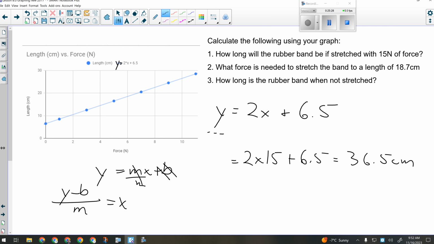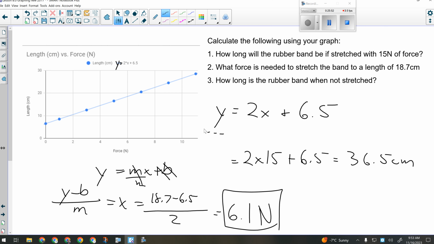Plug in my numbers: 18.7 minus 6.5 divided by 2. All right, so what do we got there? 12.2 divided by 2, so 6.1. Is that right? Yeah. I did math in my head this morning. 6.1 newtons would be the amount of force that I would need to stretch that rubber band.